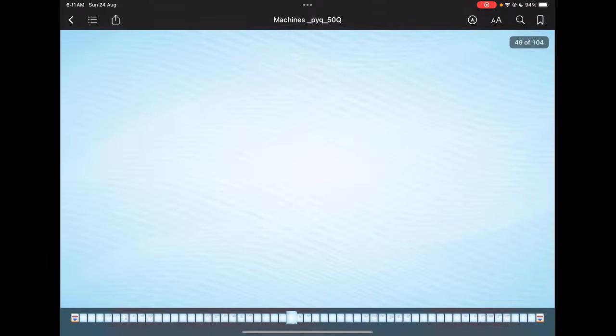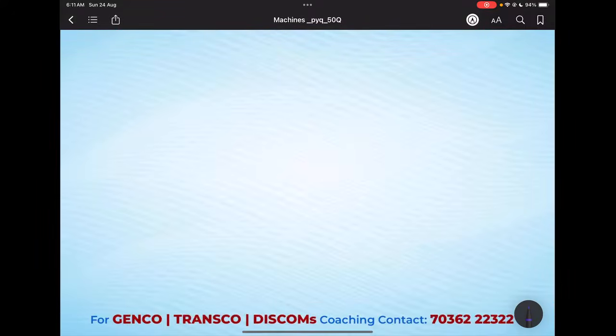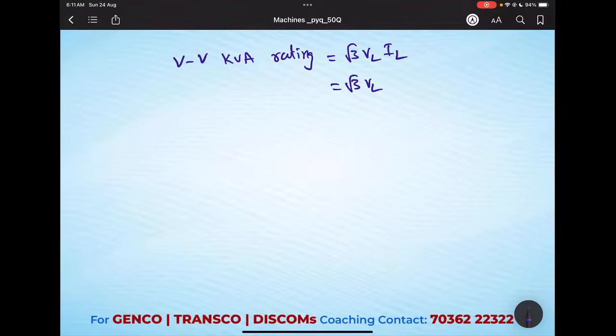Now we will calculate the KVA capacity or KVA rating of the open delta connection, or VV connection. If you see, the VV connection KVA rating you can write as √3 into VL IL. What is VL? VL is the same. What is IL? Here IL is I1.